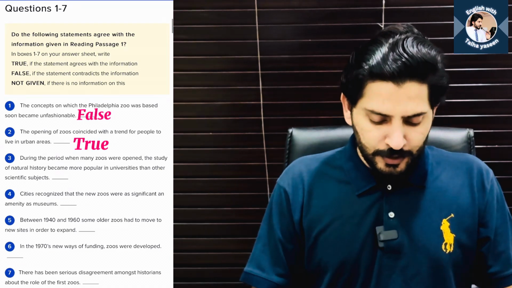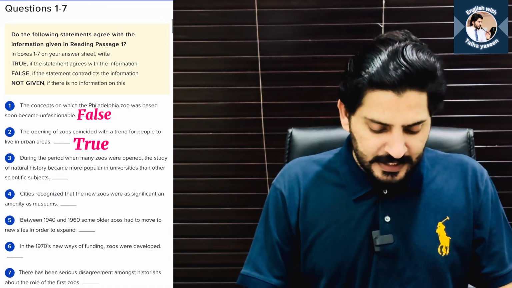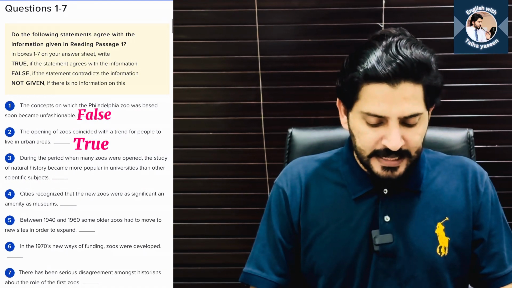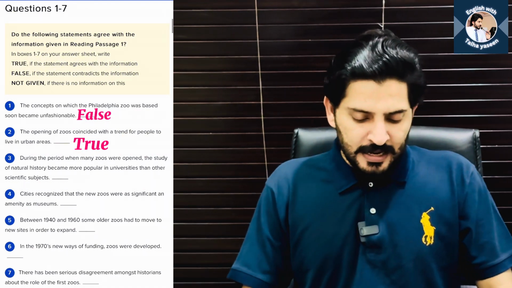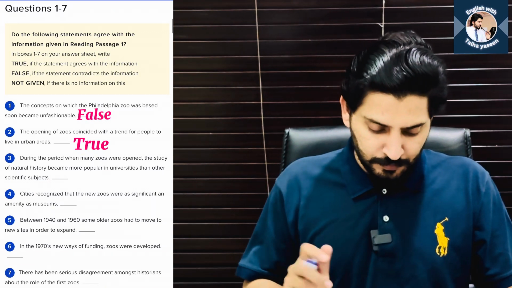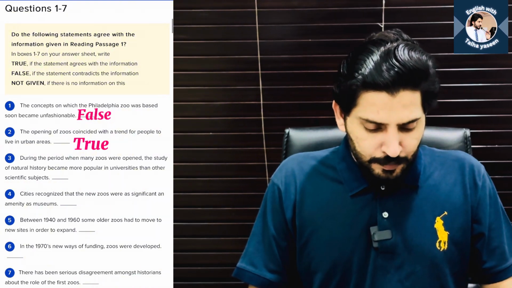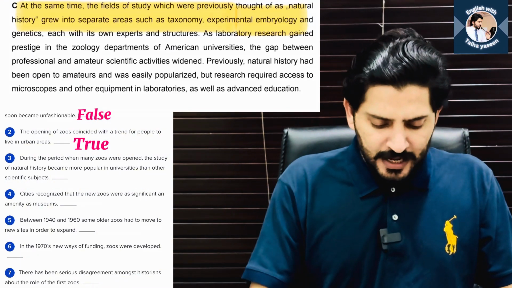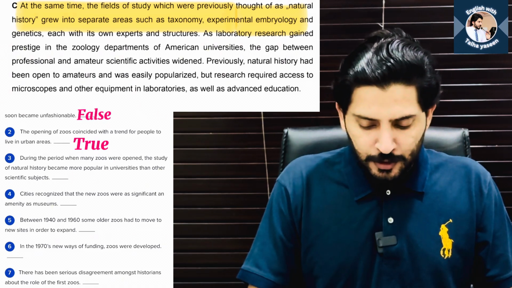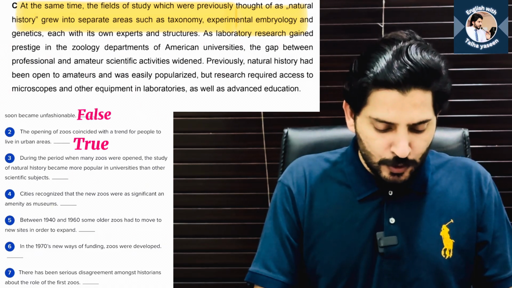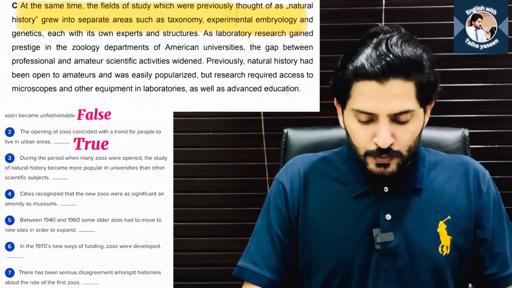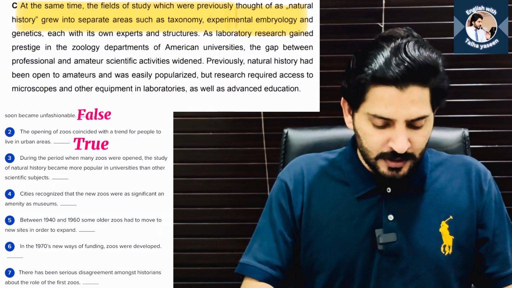Question number 3. During the period when many zoos were opened, the study of natural history became more popular in universities than other scientific subjects. Let's see in the passage if there is any comparison. In passage C, at the same time, the fields of study which were previously thought of as natural history grew into separate areas such as taxonomy, experimental embryology, and genetics, each with its own experts and structures.